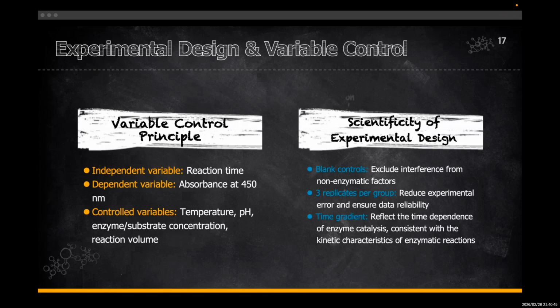Having three replicates per experimental group reduced random error and also made our results more reliable. The time gradient design allowed us to observe the time dependence of enzyme catalysis, which is a key kinetic characteristic of enzymatic reactions.